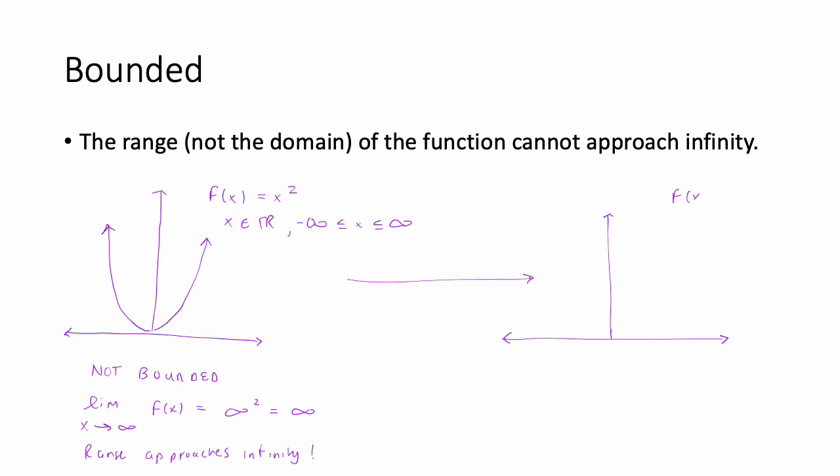So if I said f of x is equal to x squared, where x is only defined from 0 to 10, that would look like this. And in this case, the function is bounded because f of x never approaches infinity.